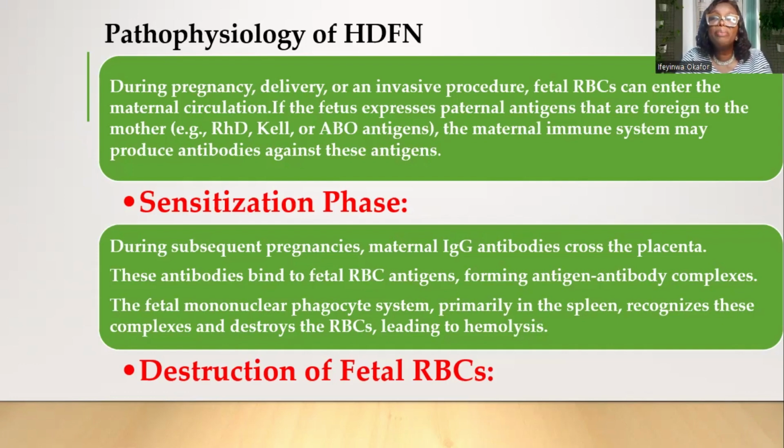When the mother is sensitized, she ends up producing antibodies against these antigens. Then during subsequent pregnancies, these antibodies can cross the placenta and bind to fetal red blood cell antigens, forming antigen-antibody complexes, and this can elicit an immunological response. The fetal mononuclear phagocyte system, which comprises the spleen, recognizes these complexes and destroys the red cells, causing fetal hemolysis.